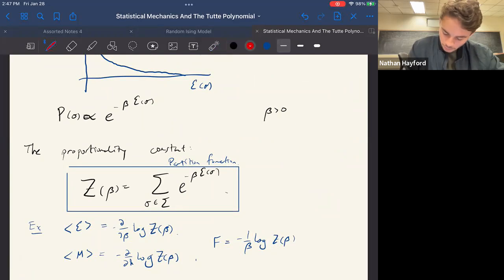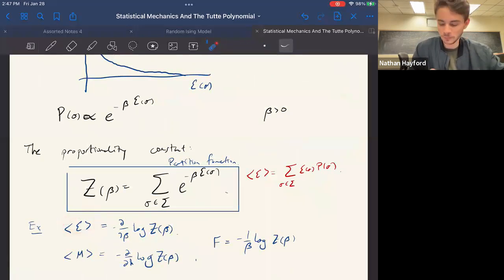Statistical average. As a definition, this is the sum over all the configurations of E of sigma times the probability of being in that configuration. And you can check by direct computation, by the definition of the partition function, that if I differentiate Z with respect to beta, put a minus sign in front, and then divide by Z of beta, this is exactly the average energy.